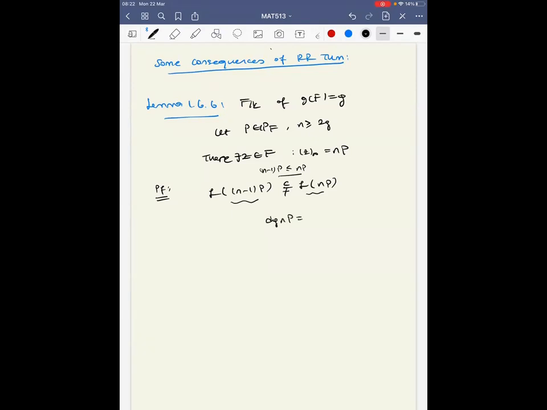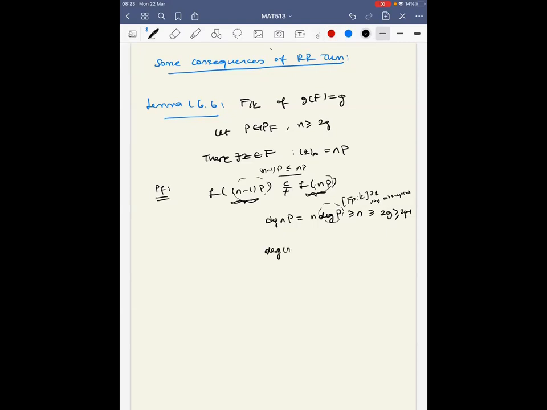Indeed, we will argue by using the dimensions of these spaces, and we compute the dimension by first observing the degrees of these two divisors. The degree of nP, n times the degree of P, and the degree of a place is always bigger than or equal to 1, because it is defined as the extension degree of the residue class field over K. So this is always bigger than n, and by the assumption we know that this is always bigger than or equal to 2g minus 1.